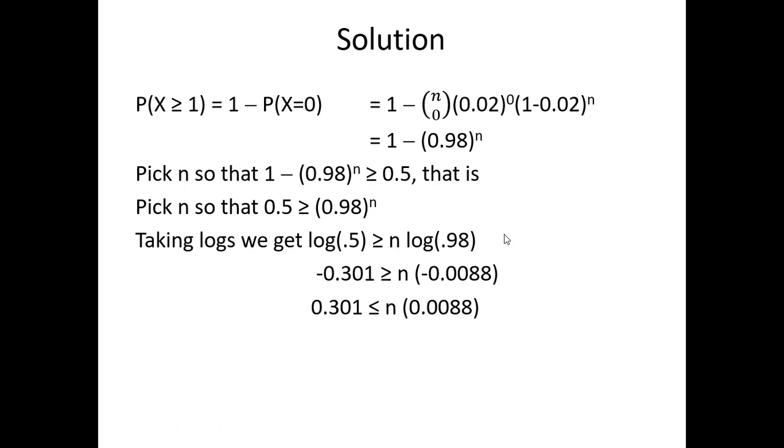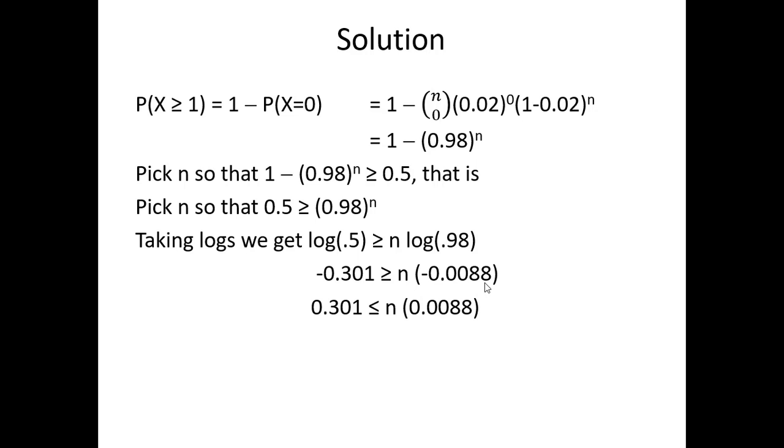At this point, I'm just going to calculate these logs. Remember, the log of a number between 0 and 1 is negative. So the log of 0.5 ends up being minus 0.301. The log of 0.98 is minus 0.0088.